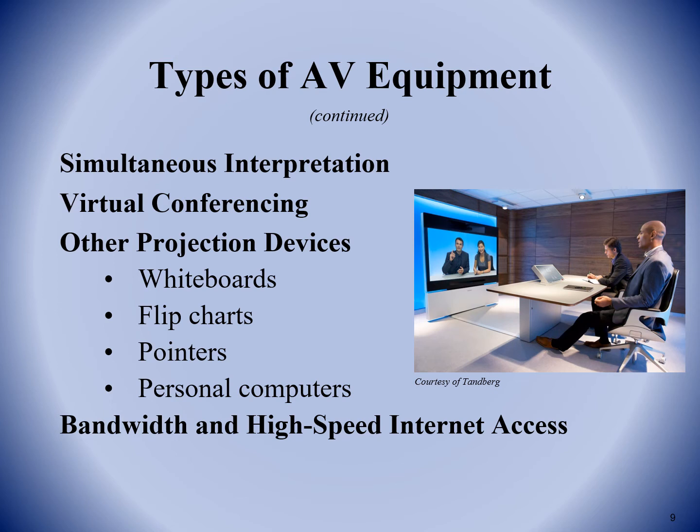I see sign language a lot, and it's really prevalent, but you can also do it using different AV equipment to translate that in real time. With virtual conferencing, we'll talk about that in the next slide.